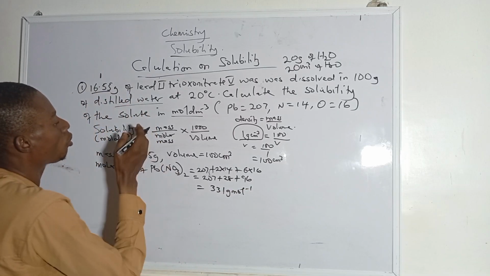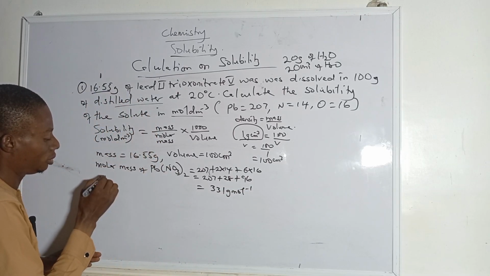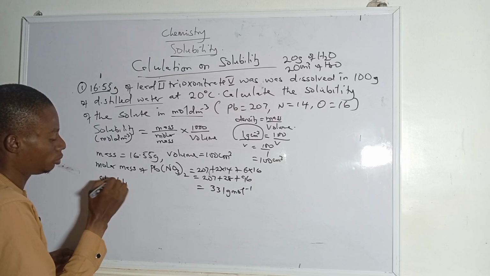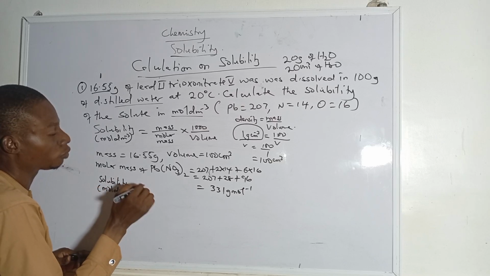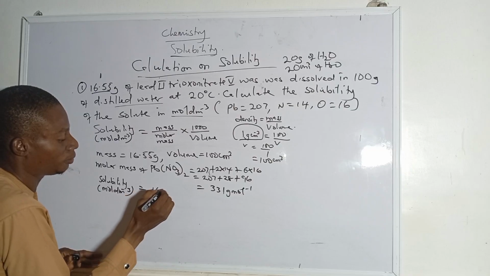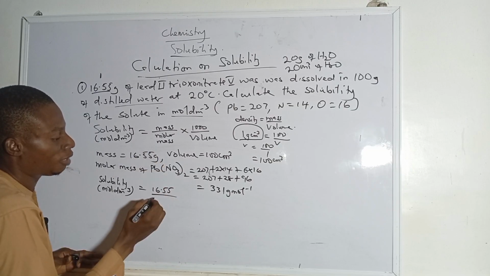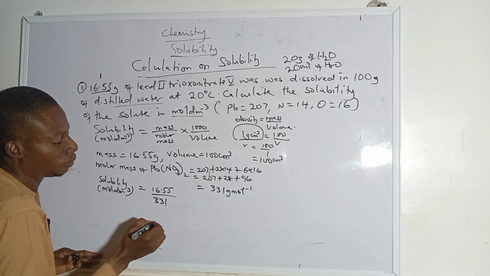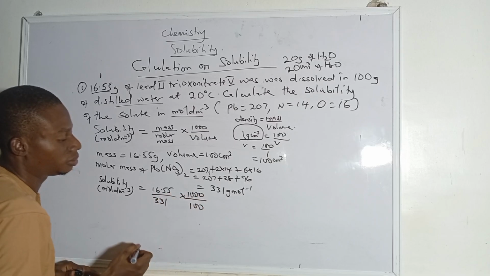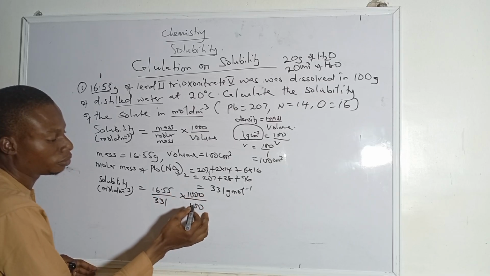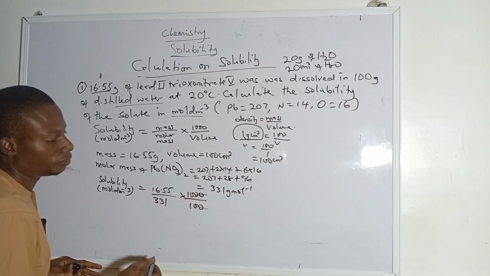Now come back to this formula, which is solubility. Solubility in mole per dm cube is equal to mass, which is 16.55 gram, per molar mass, 331, times 1000 over 100. So it's straightforward. Now this one will just cancel 2 of the 0s.